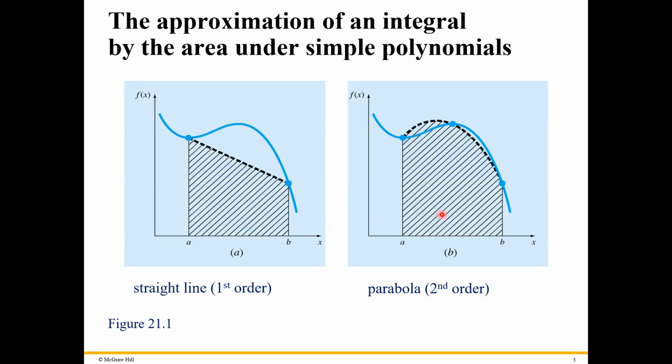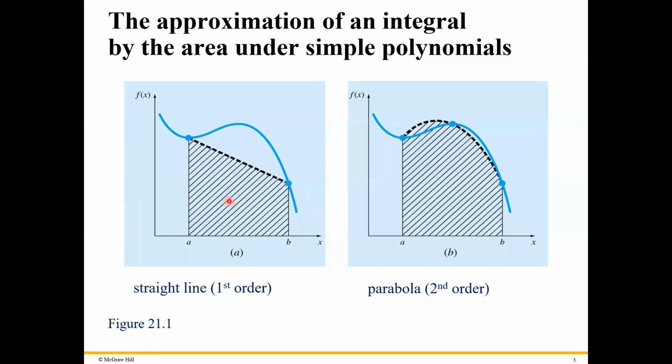As you can see very clearly, the approximation of the area under this curve is much better in the parabolic case than in the straight line case. Still, in the parabolic approximation there is some error, presented in this part of the area, and in this part of the area. But the error seems to be much less in the parabolic approximation.